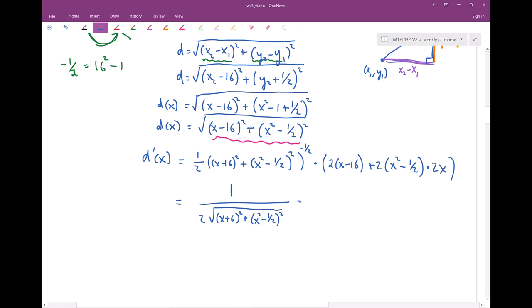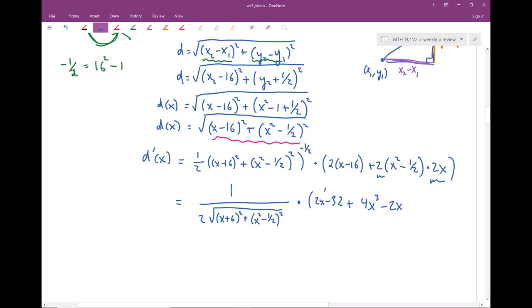And then multiplied by, and let's try to simplify this as much as possible. So this is 2x minus 32, plus, okay, here is 2 and another 2x, so that's going to be 4x that I'm multiplying by the insides here. So 4x times x squared, that's going to be 4x cubed. And 4x times negative a half, that's going to be negative 2x.